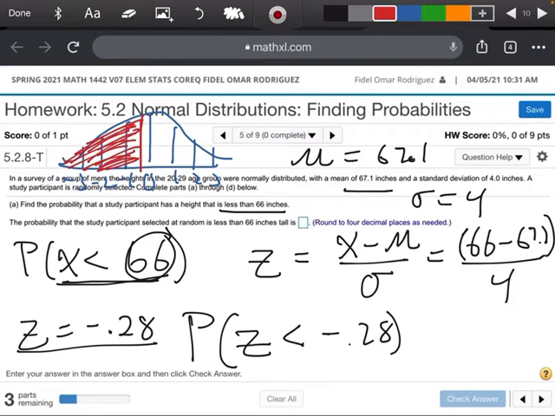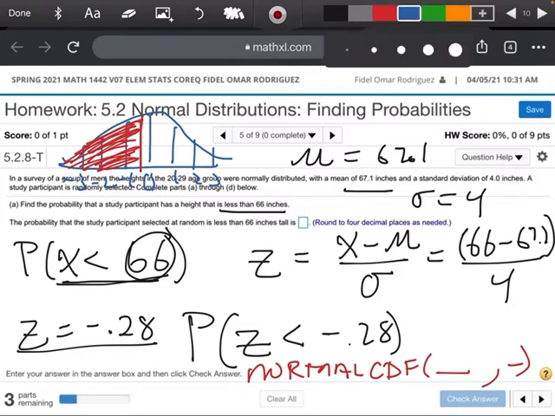So I can do this on my calculator, and the idea is I'm going to use something called the normal CDF. We're going to have 2 numbers, a lower number and an upper number.